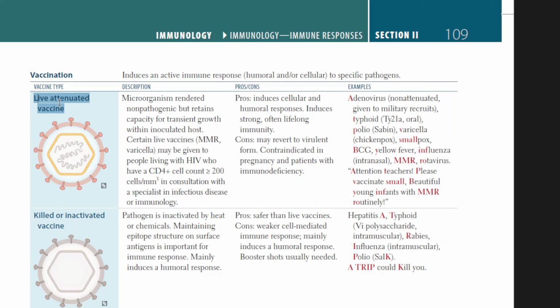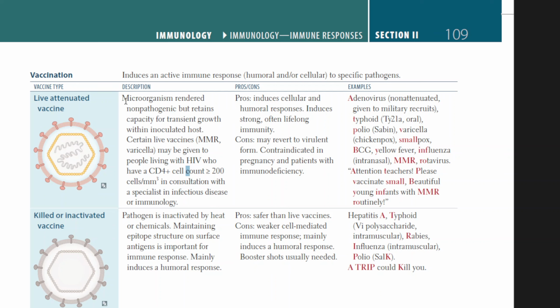Most of those live vaccines cannot be given to pregnant women or HIV patients. Remember, this is a very high-yield question, because patients over 200 cells per cubic millimeter can be vaccinated, but under the supervision of a specialist.